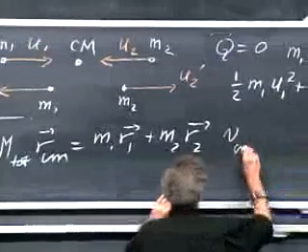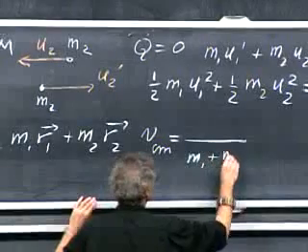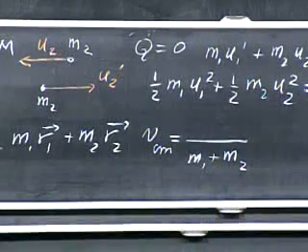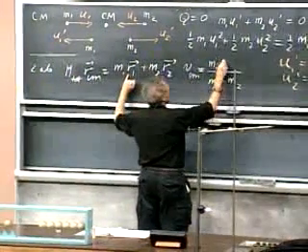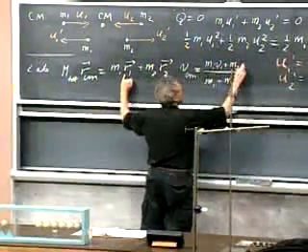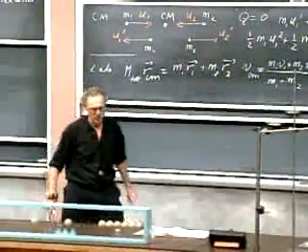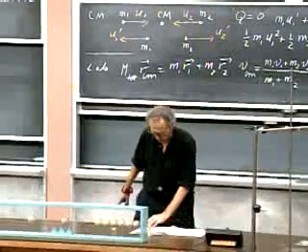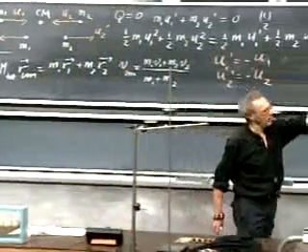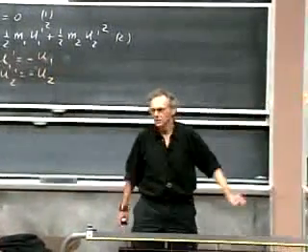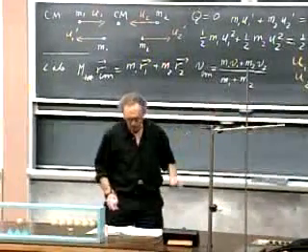So the velocity of the center of mass equals 1 divided by m1 plus m2, because that's the m total which I bring under here, and upstairs I get m1 v1 plus m2 v2. And notice I left the arrows off because since it's a one-dimensional problem, signs will take care of the directions. So this is the velocity of the center of mass. I wrote it also there on the blackboard because later on in this lecture I will need it, and it is possible that by that time I have erased it, and so that's why I wrote it down there too.